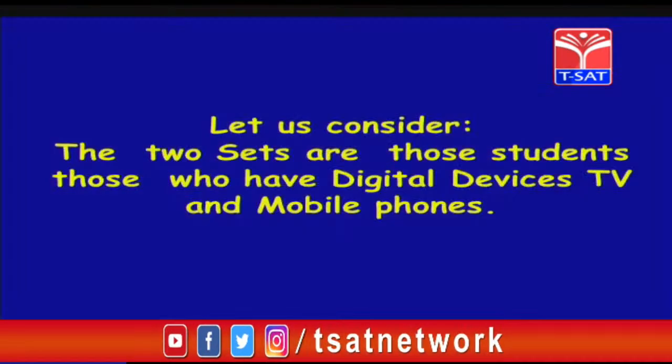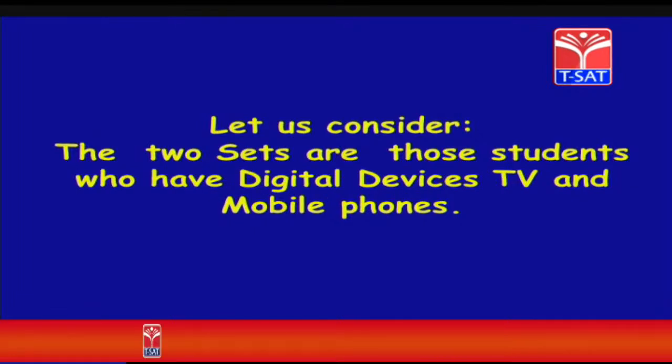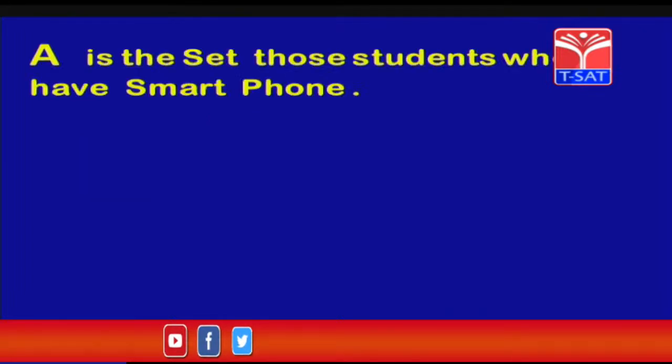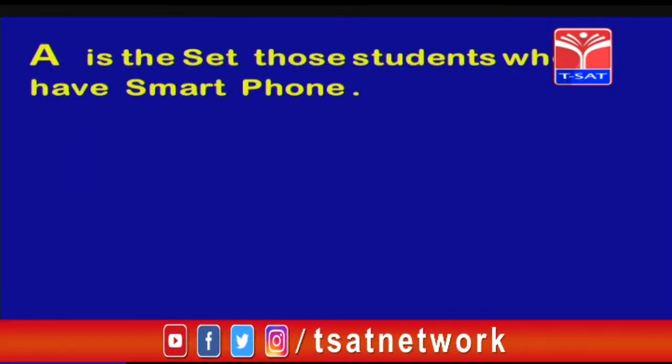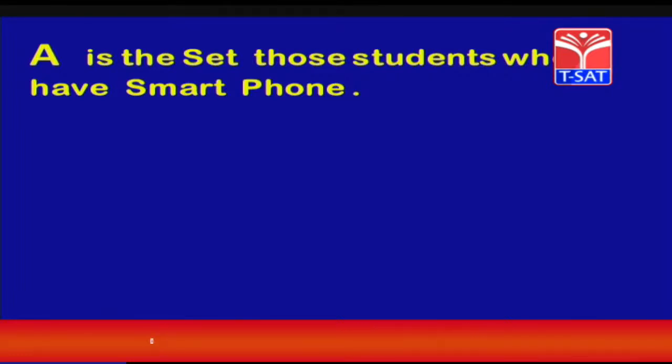Now, to understand this union, let us consider one example. We have conducted a small survey in our school. So, let us see the context. Please look at the slide. Let us consider two sets of those students who have digital devices, TV and mobile phones. A is the set of those students who have smartphones.